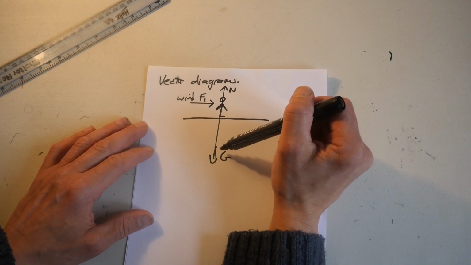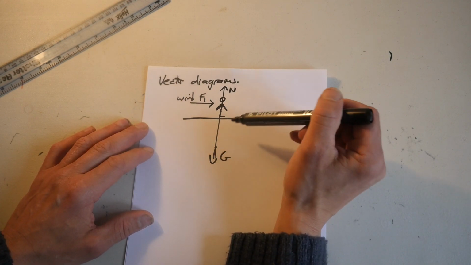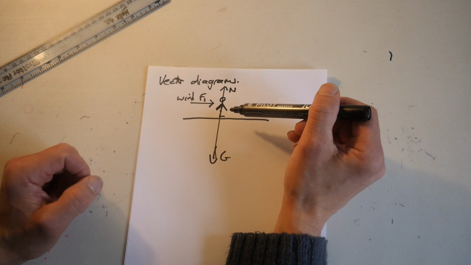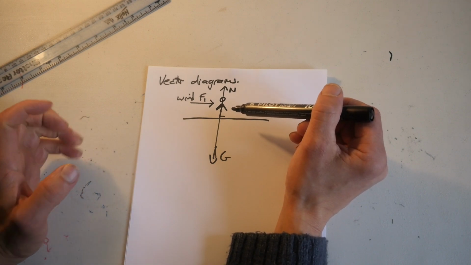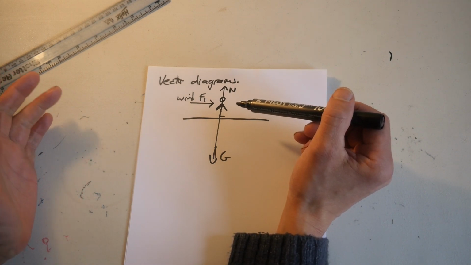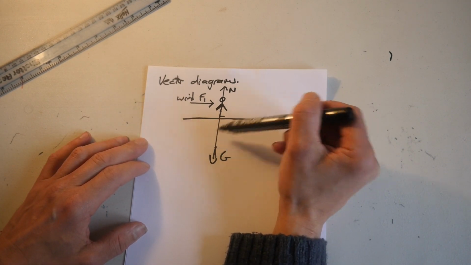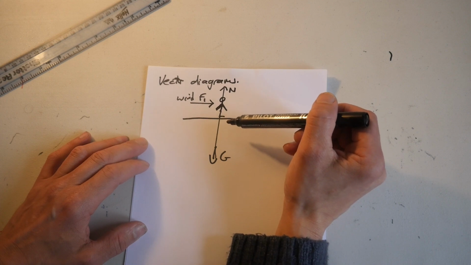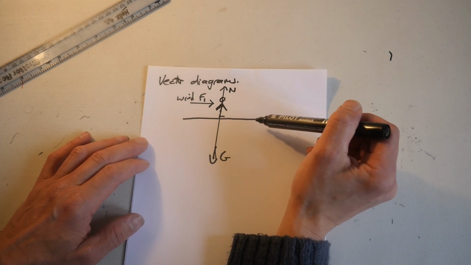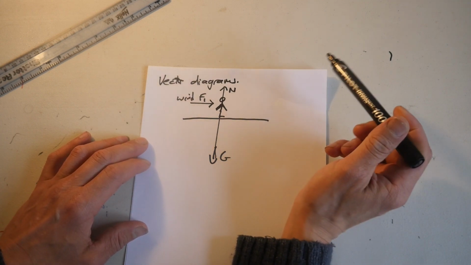If the gravity is strong enough, you'll actually be pulled into the ground. Whereas if you're standing in a swamp or in quicksand, or you step into the sea, you fall in because the density of the liquid underneath you is too low, and so the gravity can actually pull you down.